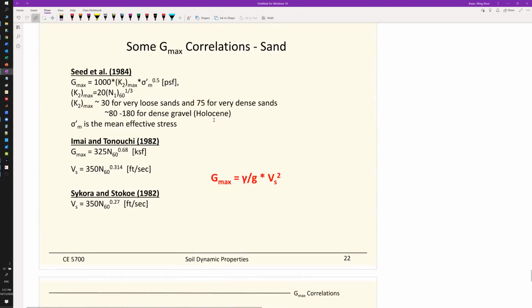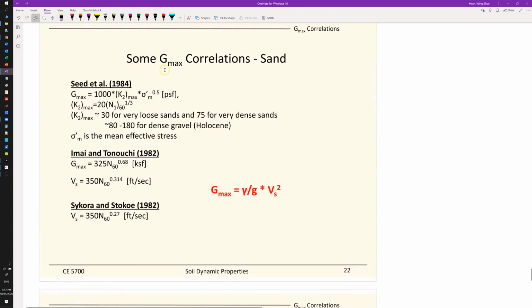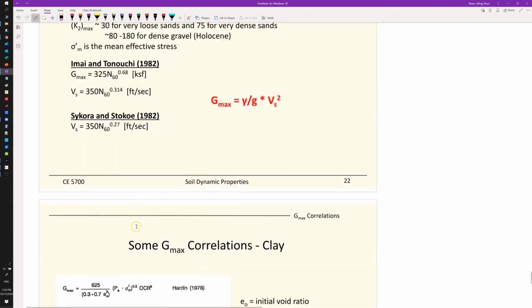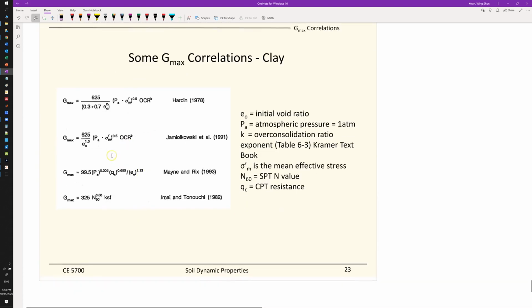And last but not least, for those Gmax correlations, there are some older versions of models available, but I don't recommend them, because those are a little bit outdated. Seed did his very first one, and other people around the world have some other models too, and the same with other existing Gmax correlations.